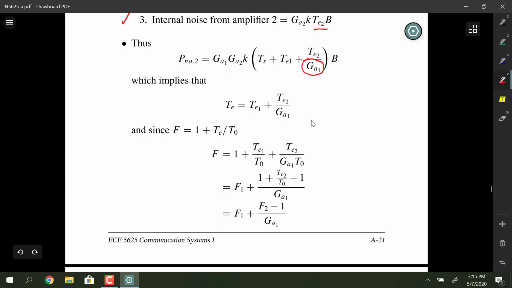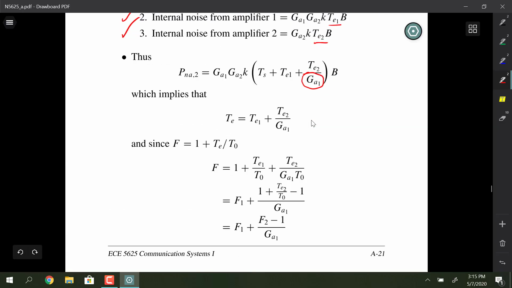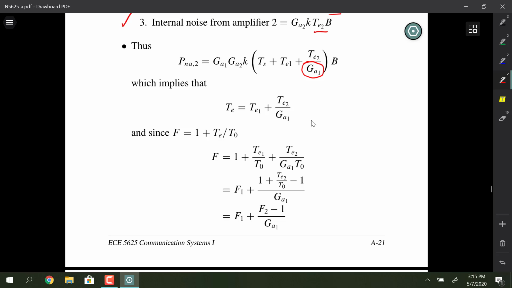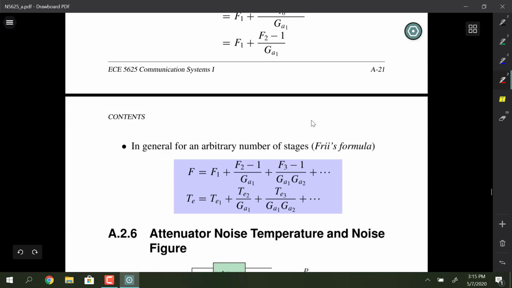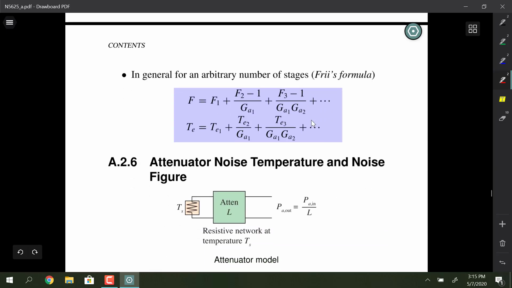But this is just the development of the theory, showing that this equation, known as Friis's equation for cascading subsystems, boils down to these 2 equations in the blue box. So this is the primary equation.